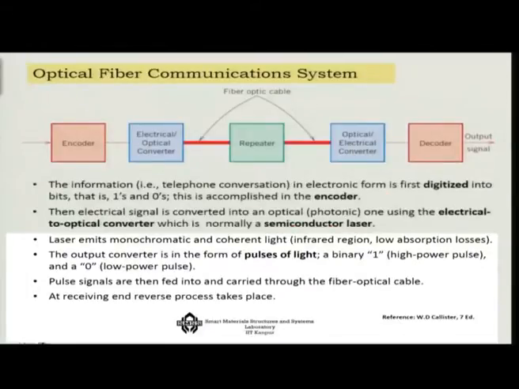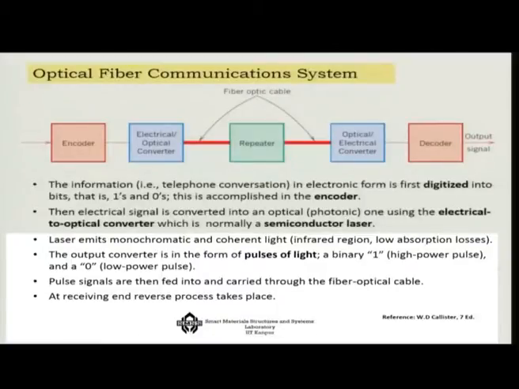Now, how does communication take place in an optical fiber based system? First of all, we have to keep in mind that an optical fiber has to carry the signal in the form of light, and if you need a 1-0 type of encoding system, then it has to be in the form of pulses of light.